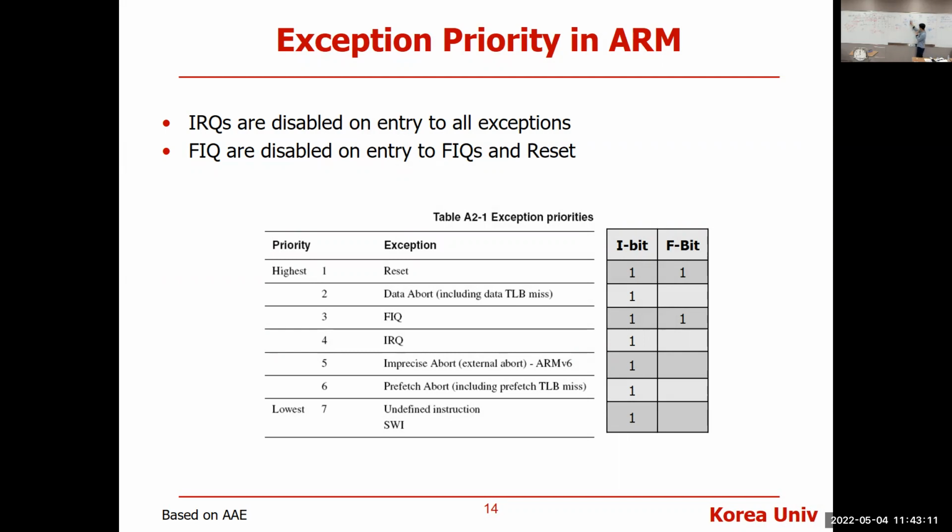What if you execute a software interrupt instruction here? You have I set to 1, meaning interrupts will be blocked. And what if you execute an SVC instruction inside the ISR? That interrupt will be taken or not taken? I set to 1. What do you think? That software interrupt will be taken or ignored?